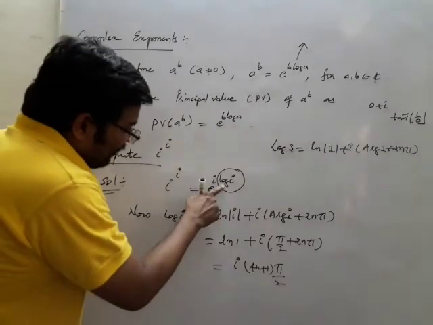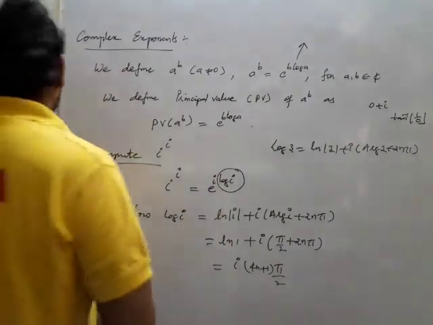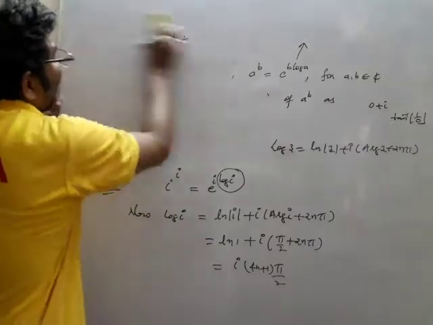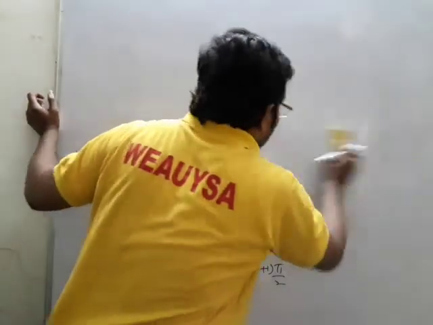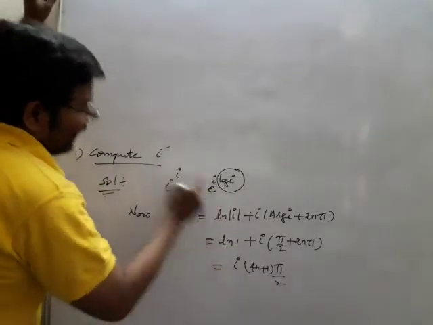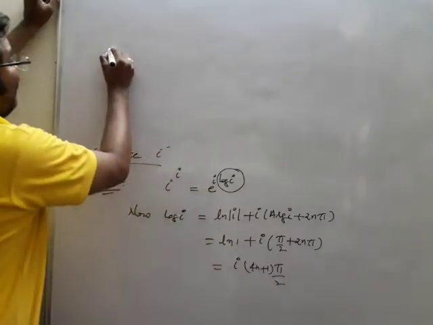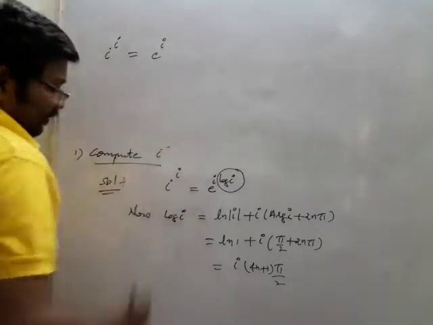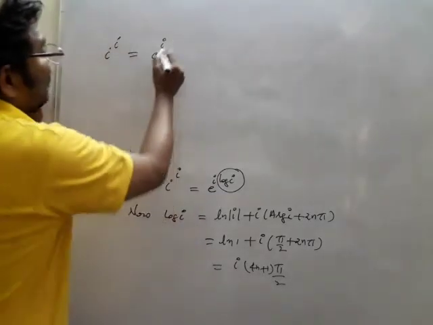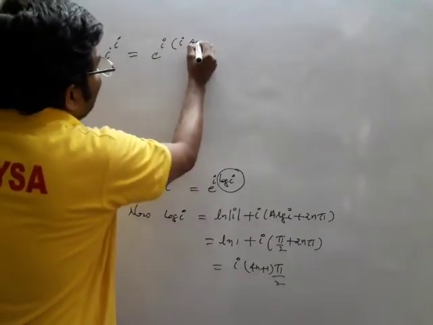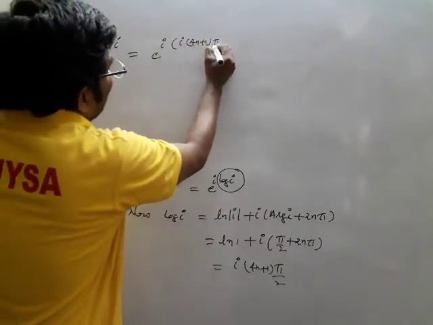Now in the place of log i you have to substitute this value. So i power i is equal to e power i into the log i value, which is i into (4n plus 1) pi by 2.